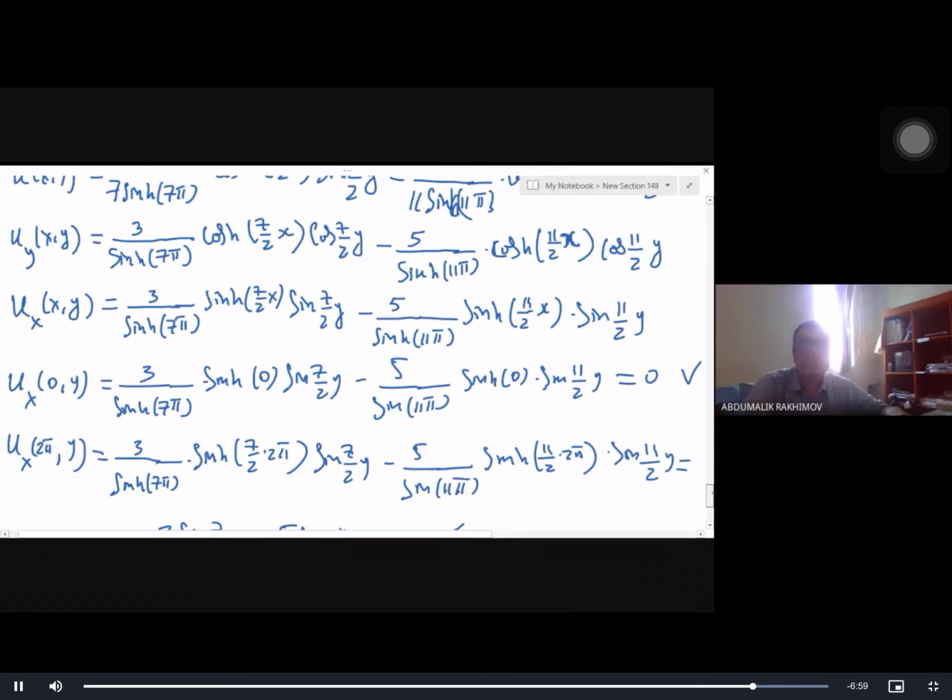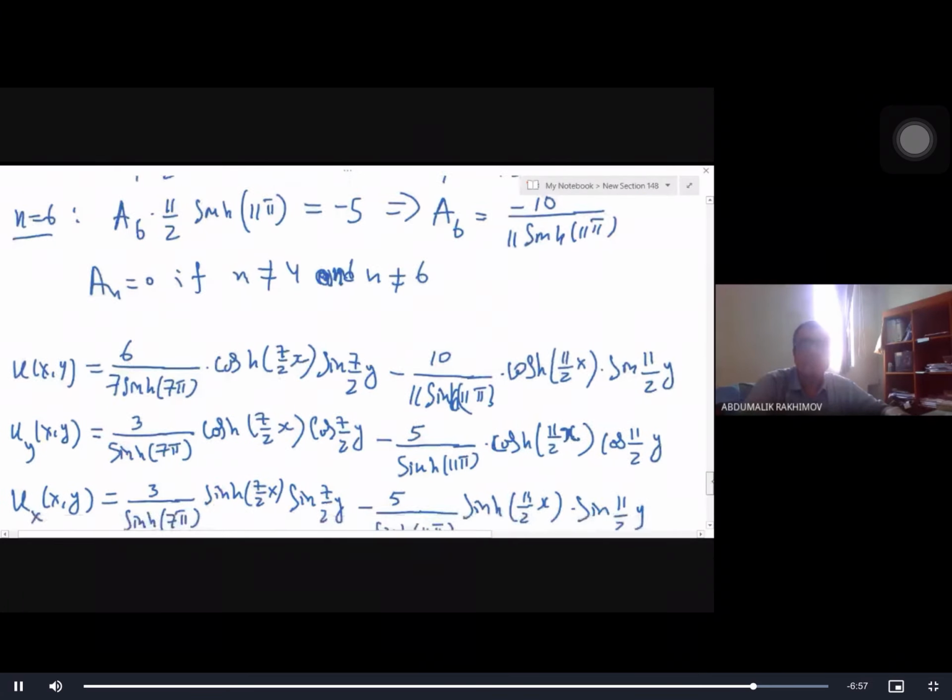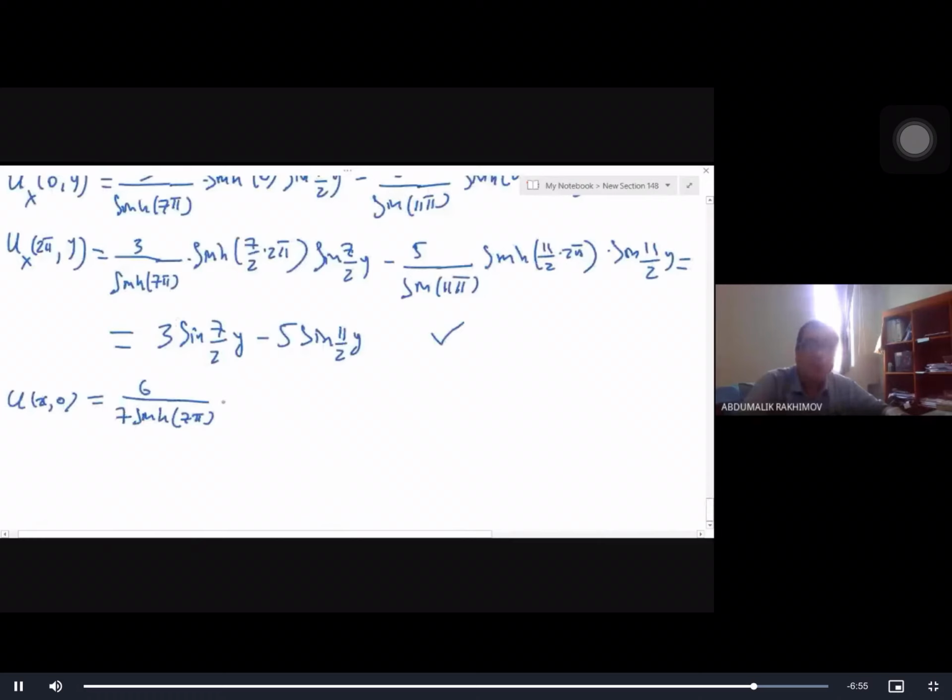Let's check. Cosine hyperbolic 7 over 2 x sine 0, because I substitute y equals 0, right?